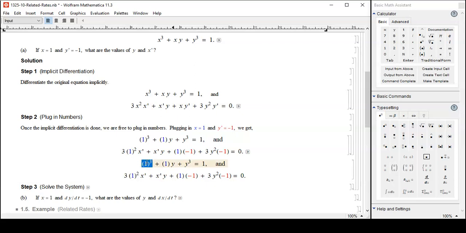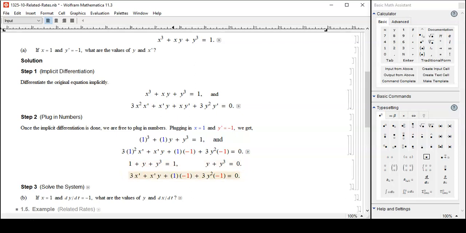All right, 1 to the third power is 1. Okay, 1 times y is just y. All right, how do you simplify this? Y plus y cubed is equal to 0. Is that what I'm getting? Okay, all right. And then down below, what is this? 1 squared, so that's just 1.